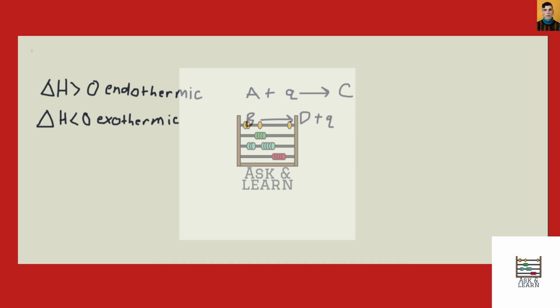Now for B, since heat is your product, if you're increasing temperature, adding heat, increasing Q is going to shift the equilibrium to the left. That's the basic principle of Le Chatelier's principle: if you increase your temperature, that's going to affect your equilibrium.